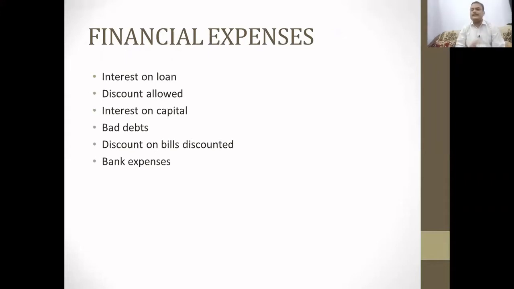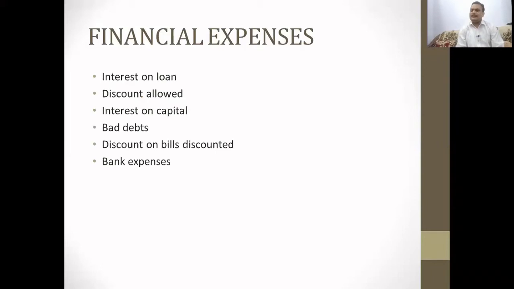Now, what is interest on loan? If any business concern takes a loan from a bank or any financial institution, it has to pay some extra amount to the bank or financial institution as interest.